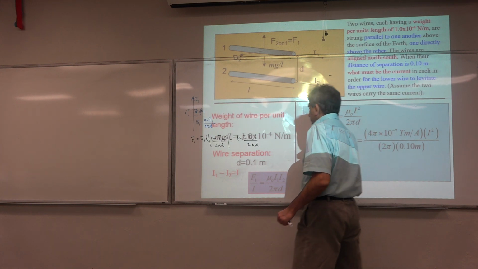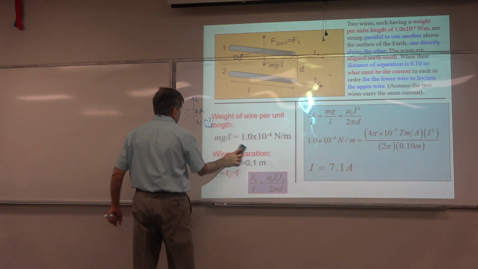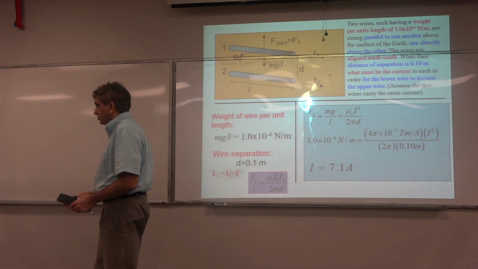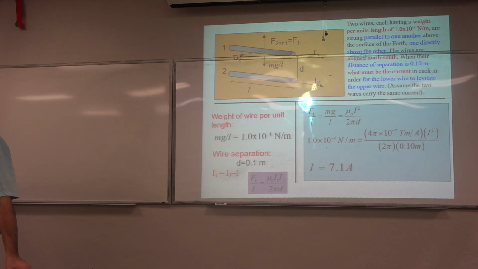What I'm going to do is the following. The question says two wires, each having a weight per unit length, which means weight per unit length is mg over L, which is 1 into 10 power minus 4 Newton over meter, are strung parallel to one another above the surface of the earth, one directly above the other.